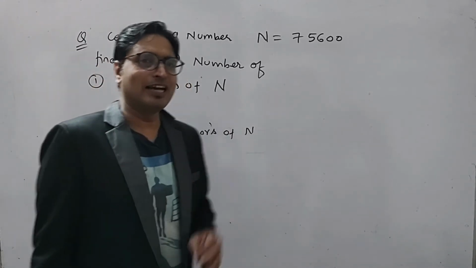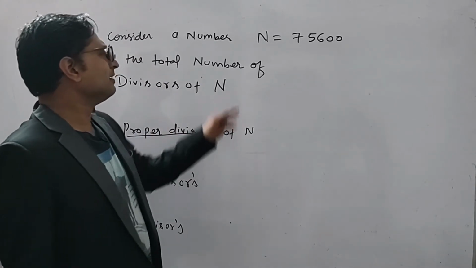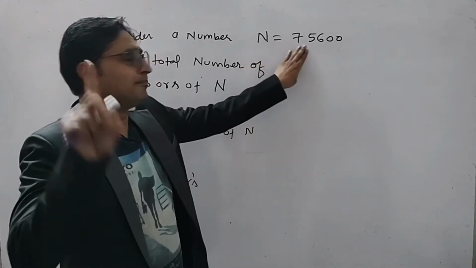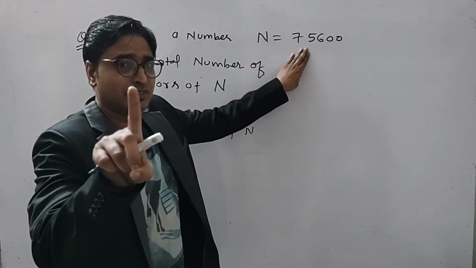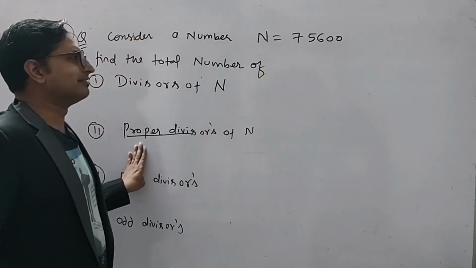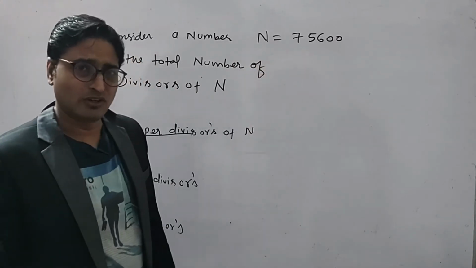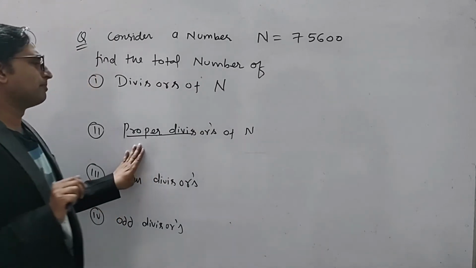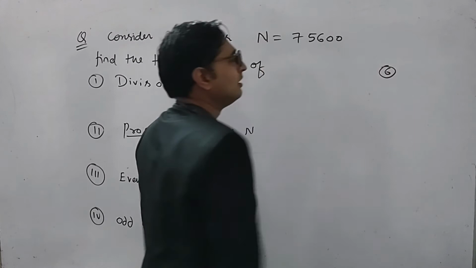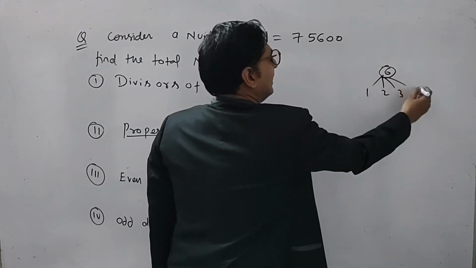First of all, I will clear the meaning of proper divisor. Proper divisor means the number itself and 1 should not be taken. In proper divisors, the number itself and 1 will be rejected. If we consider the number 6, the divisors of 6 are 1, 2, 3 and 6.